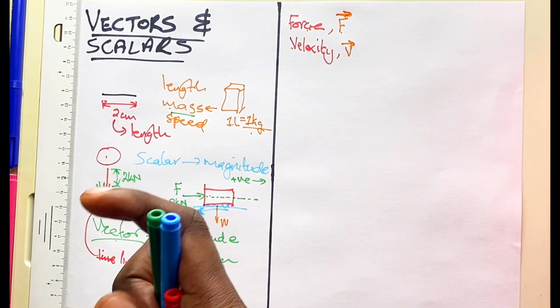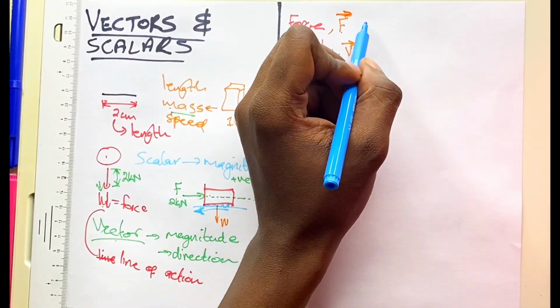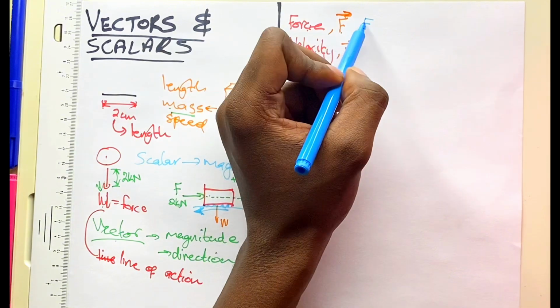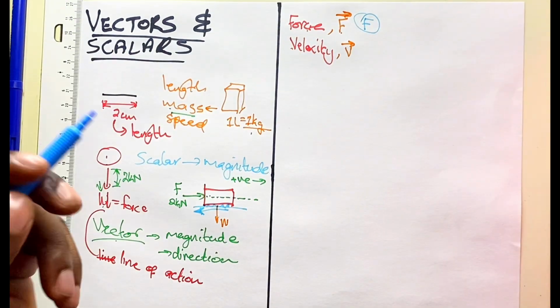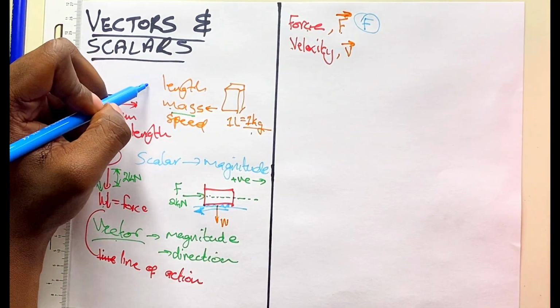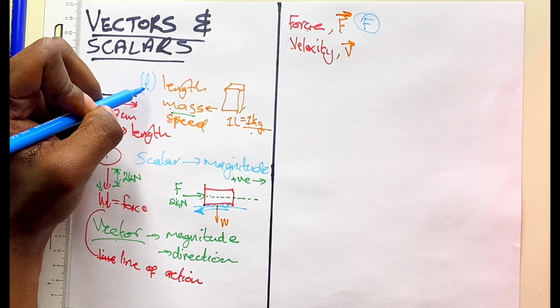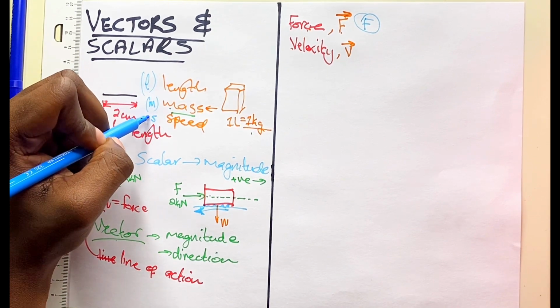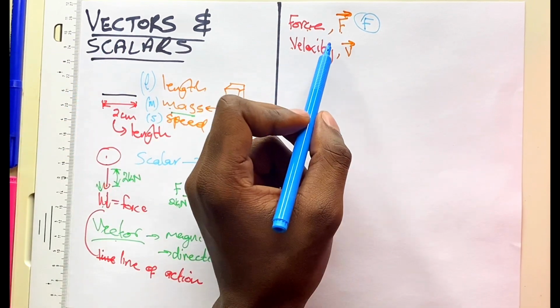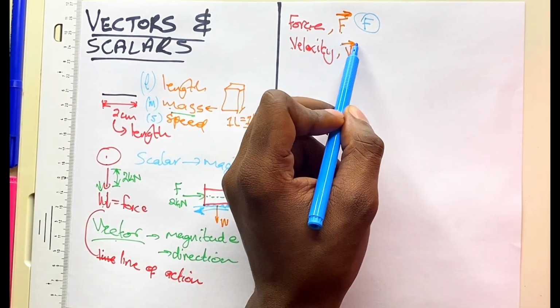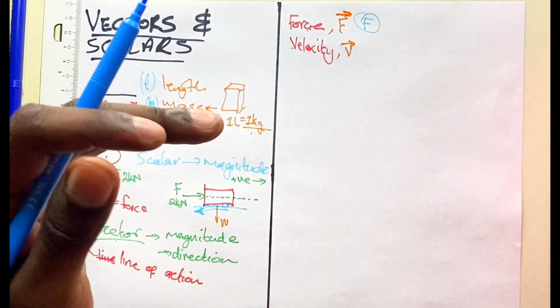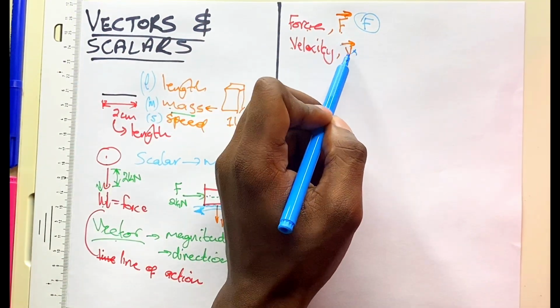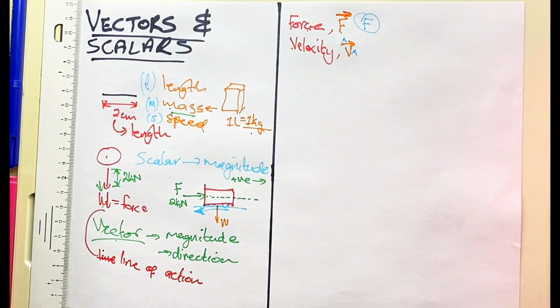But if it was a scalar, I would have just written F and it would give me just magnitude. So our length will just be L, our mass will just be M, our speed will just be S. However, if you are dealing with a vector, you put an arrow on top to show that it has magnitude and it has direction.